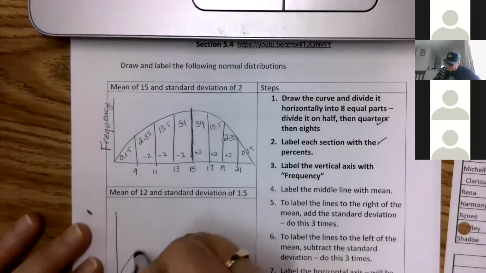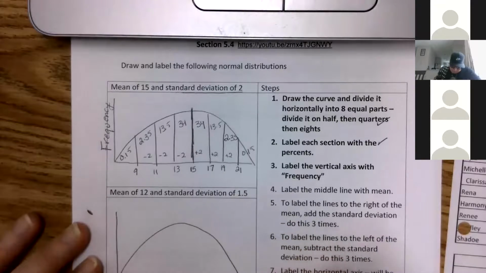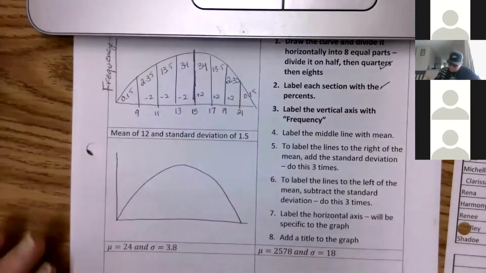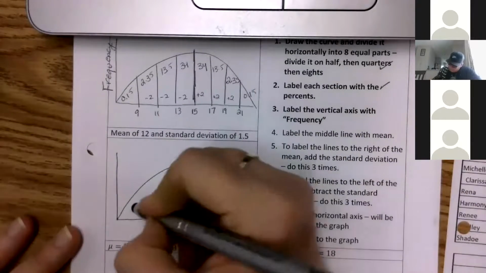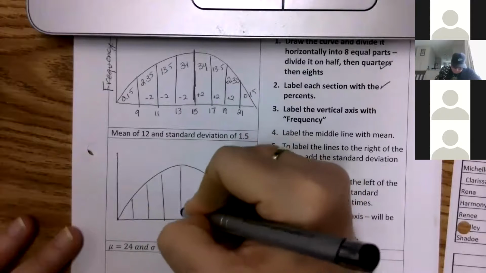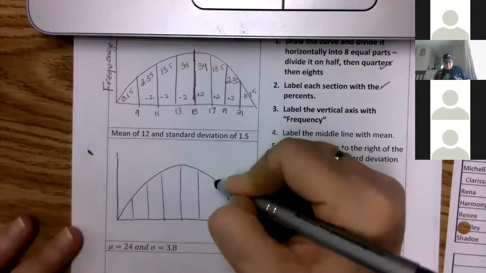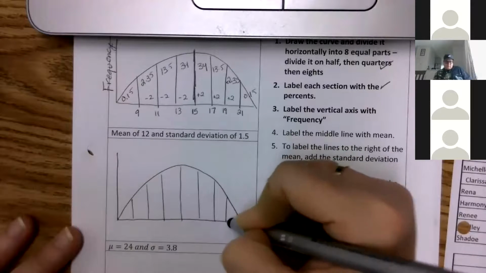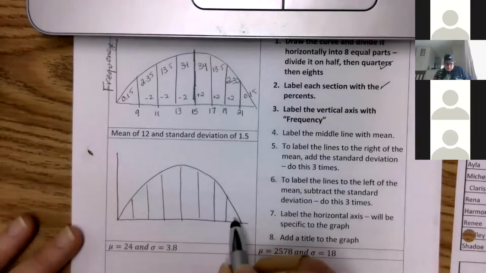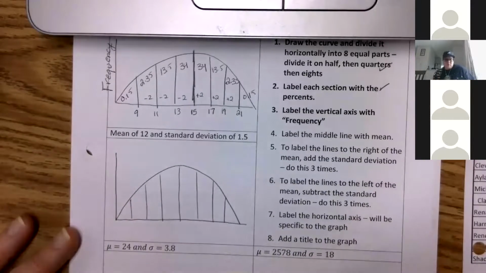All right, let's try this one. Whoops, it'd be helpful if I moved it so you can see. All right, I'm going to try this. 1, 2, 3, 4, 6. 1, 2, 3, 4, 5, 6, 7, 8. Okay, you can do it that way too.